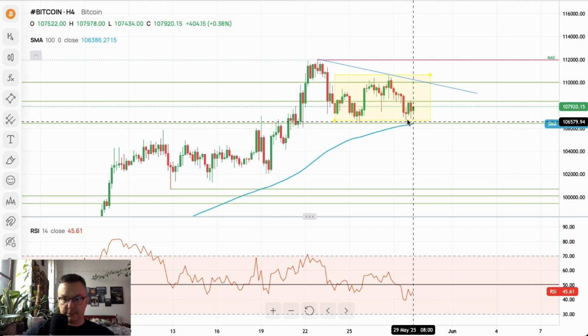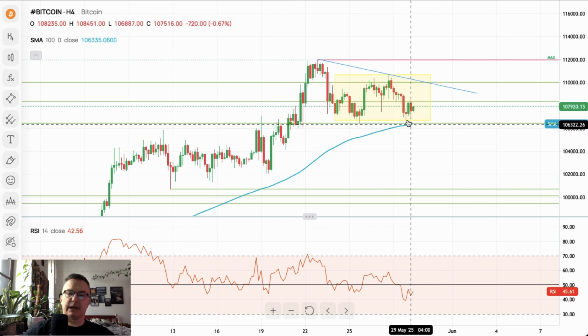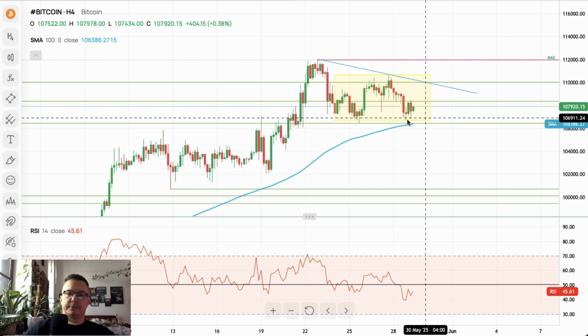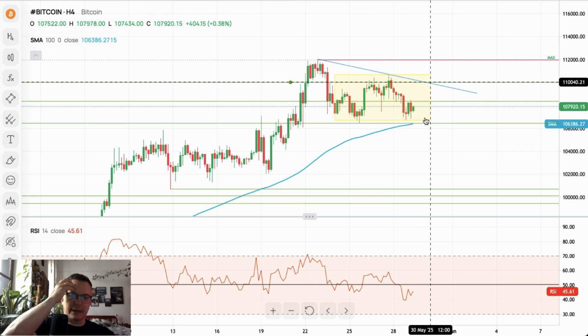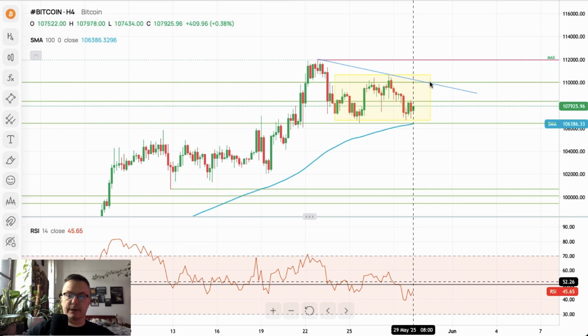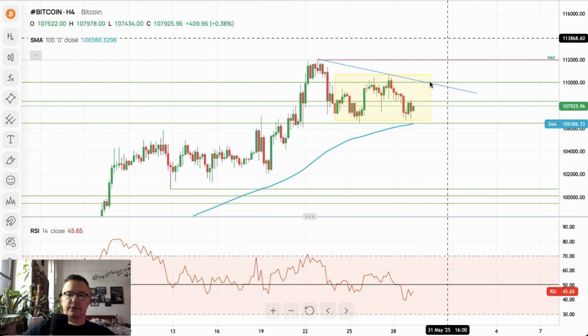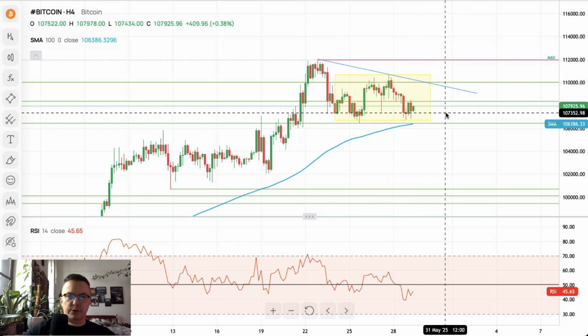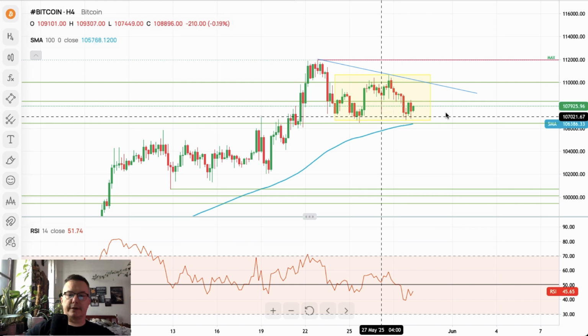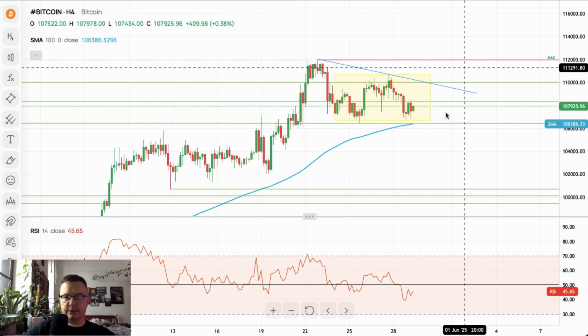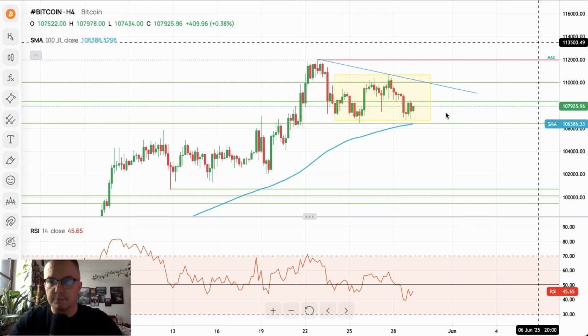Maybe when we get the 100 periods moving average a little bit higher, the market will give us a nice bounce above the short-term trend line and back into the positive territory. For now, range trading, very limited volatility, so we are waiting for the decisive breakout.